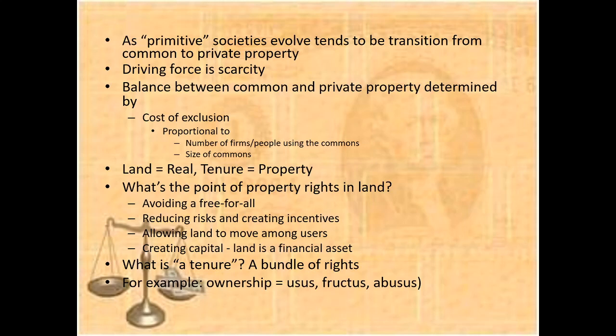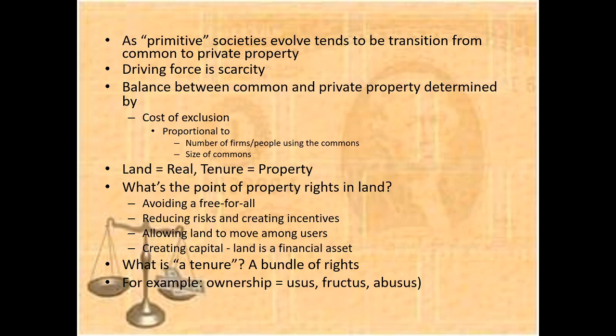So the driving force is scarcity. If somebody asks what is actually the driving force of such a transition, it is nothing but scarcity. So this is the economic logic normally inculcated. The balance between common and private property is determined by the cost of exclusion, which is proportional to the number of firms or people using the commons, as well as the size of the commons.